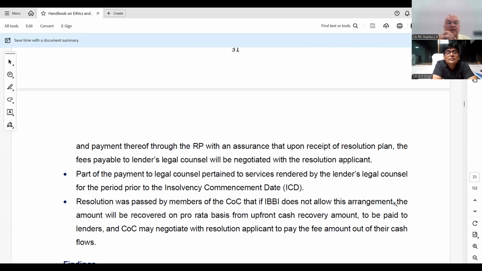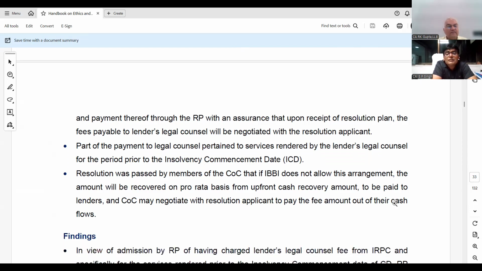And part of the payment to legal counsel pertained to services rendered by the lender's legal counsel for the period prior to the insolvency commencement date. A resolution was passed by members of the COC that if IBBI does not allow this arrangement, the amount will be recovered on pro rata basis from upfront cash recovery amount to be paid to lenders, and COC may negotiate with the resolution applicant to pay the fees amount out of their cash flows.